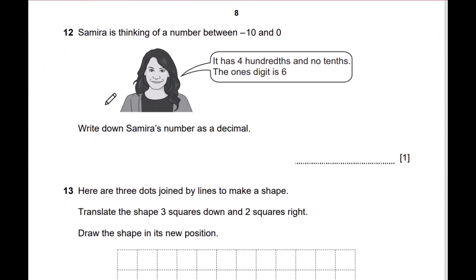Question 12. Samira is thinking of a number between -10 and 0. It has 4 hundredths and no tenths, and the ones digit is 6. So now write down Samira's number as a decimal. You get a few seconds to think.